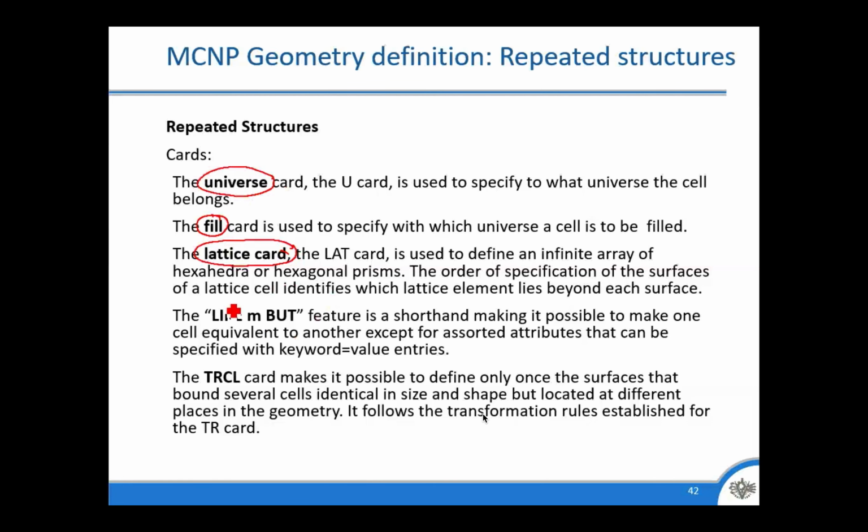There are also two other commands that I can use. The first is LIKE BUT: like a certain element, but. If everything is exactly the same except a very small part, I can say that everything is equal except one element, and I just give the modification of this specific element.